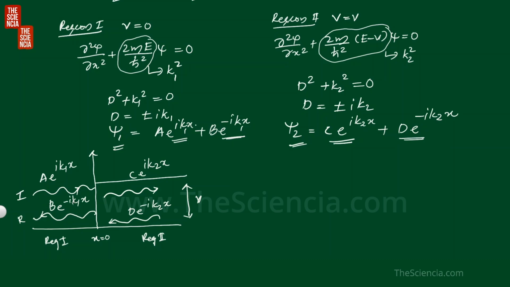This is physically possible, because at the boundary x = 0 the potential is changing, so there can be a reflected wave. But in region 2 there is no difference in the potential, therefore there will be no reflection.